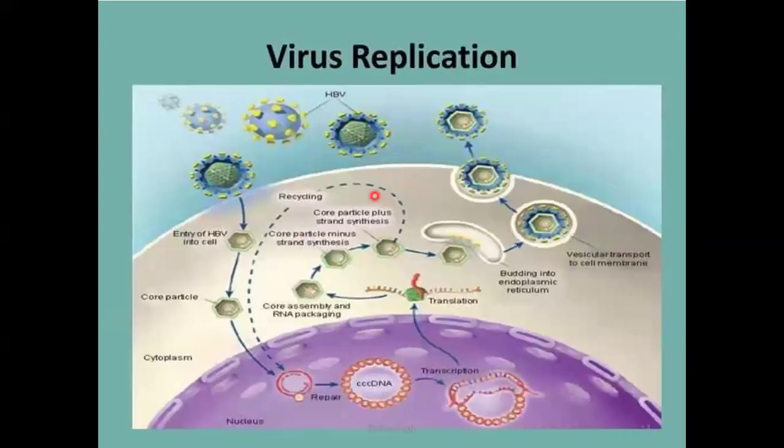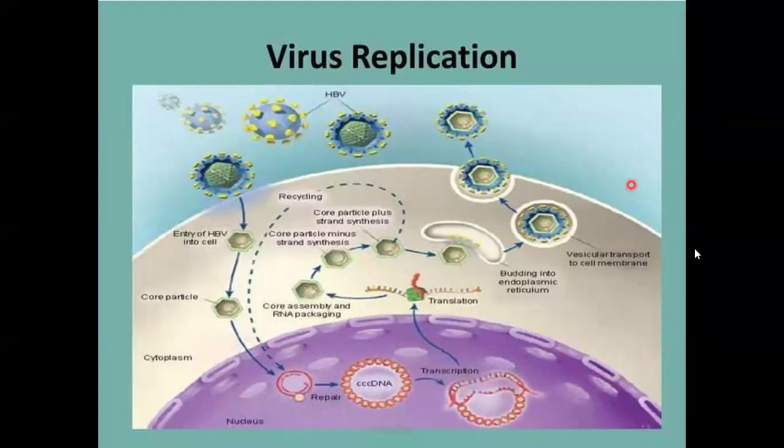Then I'd like to mention something about the viral replication. For hepatitis B, it's quite unique. We have entry into the cell, which is the common one, where all viruses enter the cell and then they fuse.